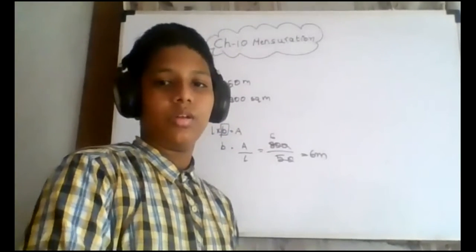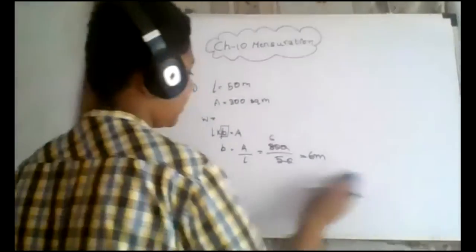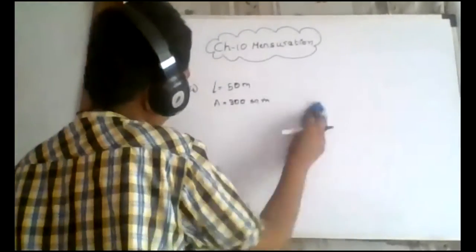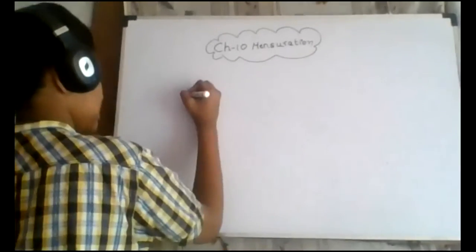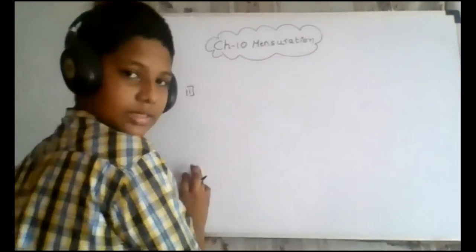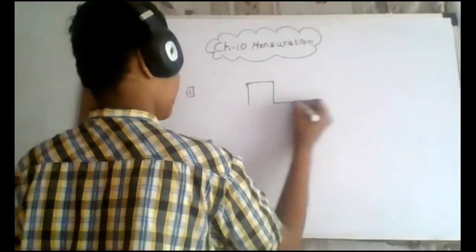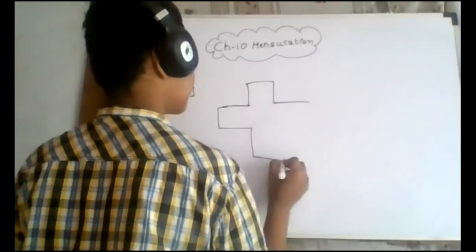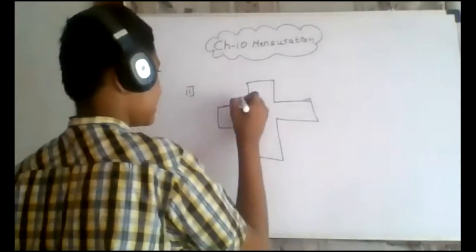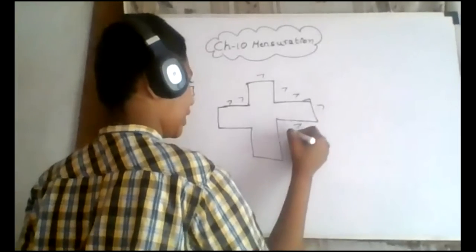Now the last, 11th question: split into shapes and do the following. I will explain one problem and you will understand it. Let us take the second question there. They have given all sides as 7.